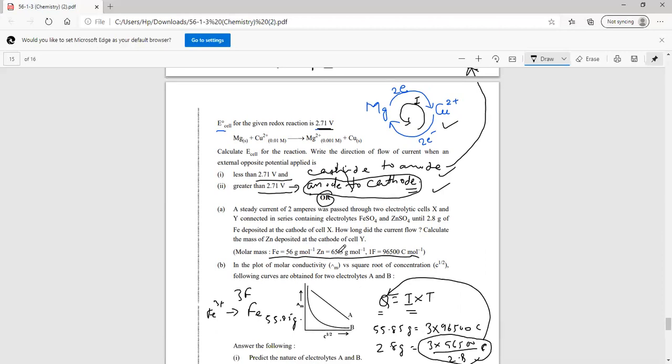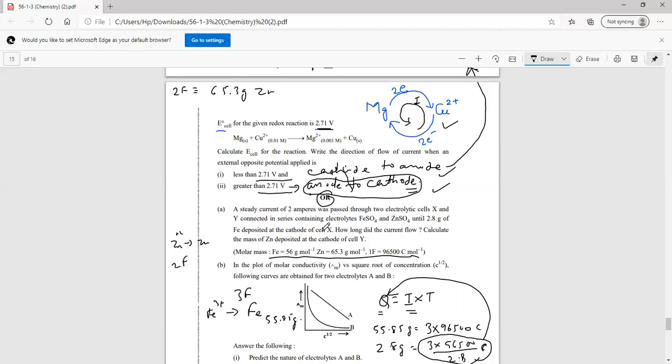All right, now for zinc, charge passed is found out. Now we know that for zinc 2 plus to become zinc, 2 farad charge is required. That means 2 farad charge corresponds to 65.3 gram zinc.